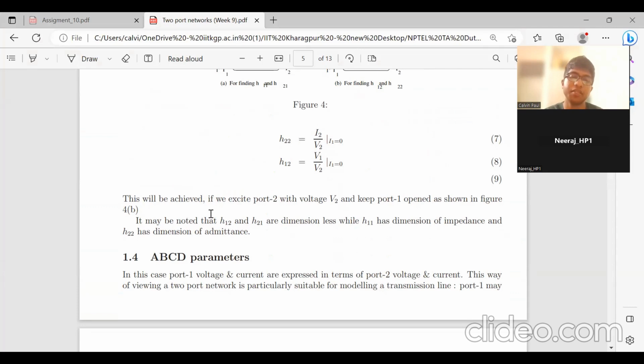Now we will consider ABCD parameters. What happens in ABCD parameters is this.